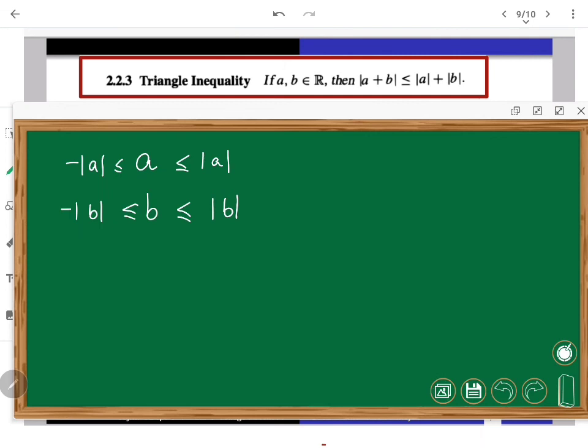But these are enough for me. These are all inequalities, and addition is doing well with them.